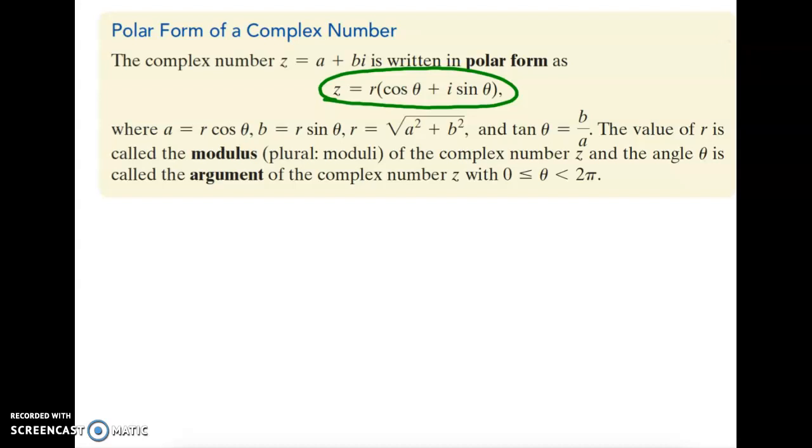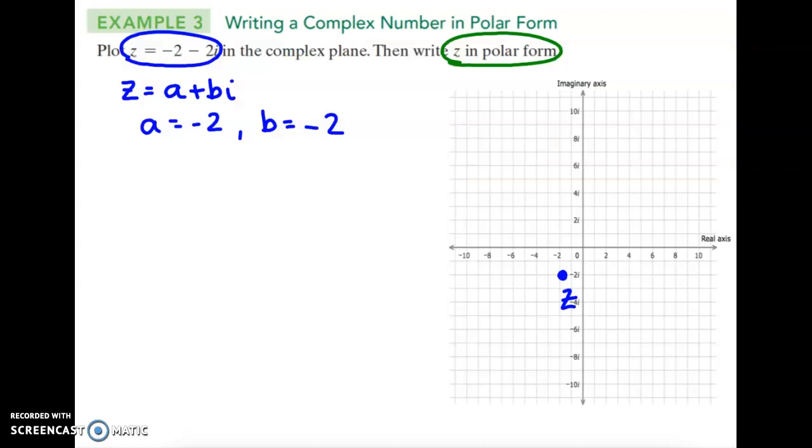In order for us to start off with getting our polar form, we want to find the R value. Remember on the previous slide, our R value equals the square root of A squared plus B squared. So where is that in our graph? That is the distance back to the origin. So this is the R value, this distance from the complex number back to the origin.